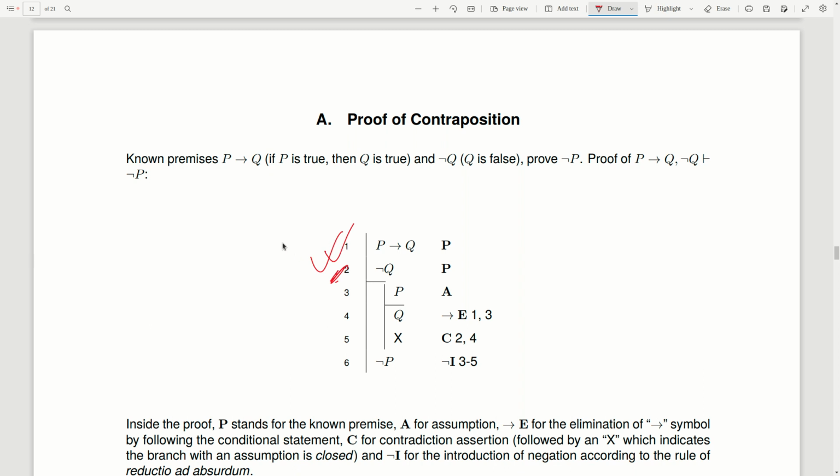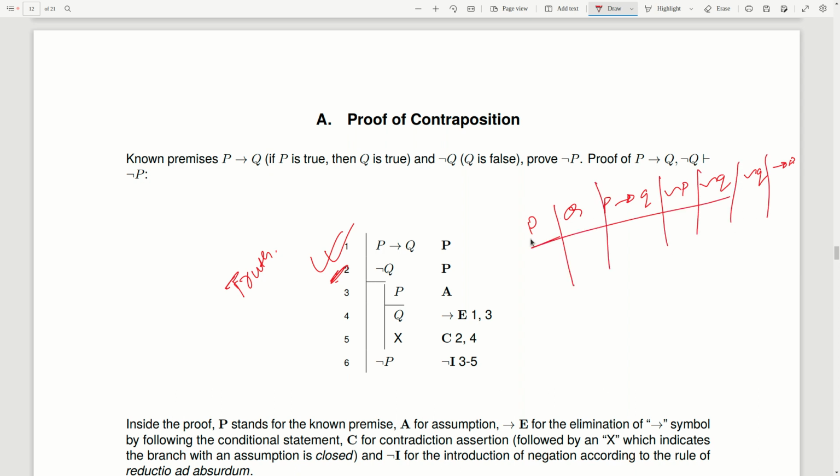You can verify this with a basic truth table: for P, for Q, for P to Q, for negation of Q, for negation of P. Take true, false values and just plug them in, and you will always see that these two columns match exactly.